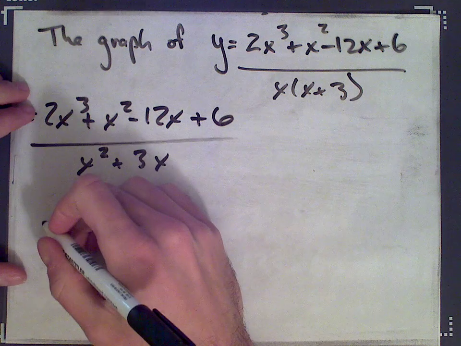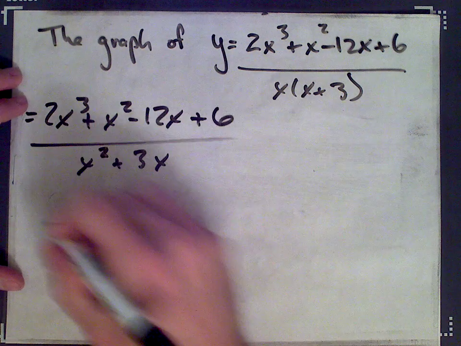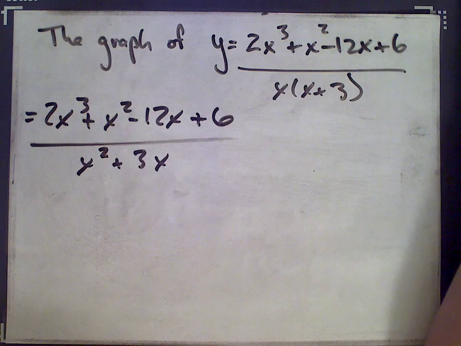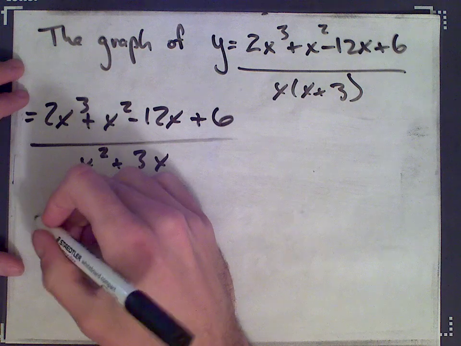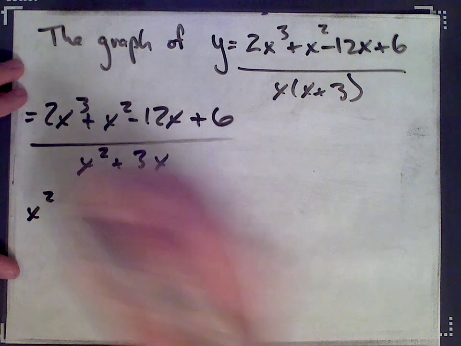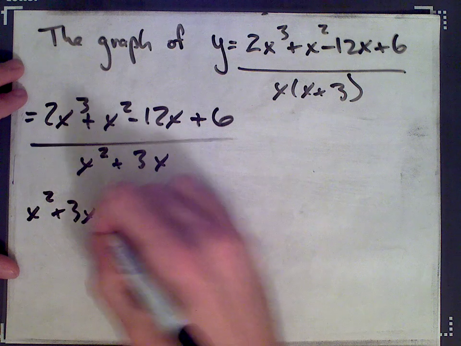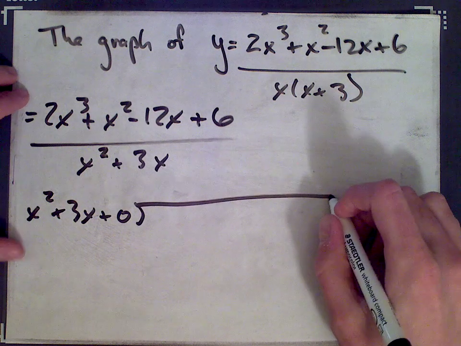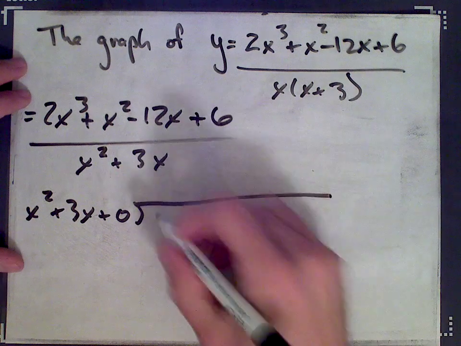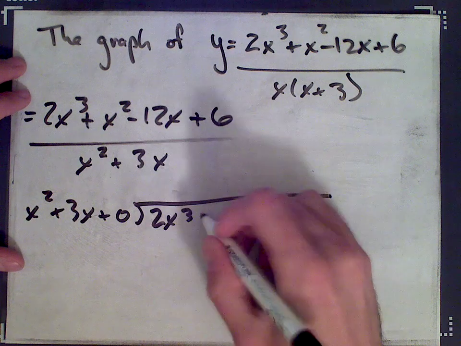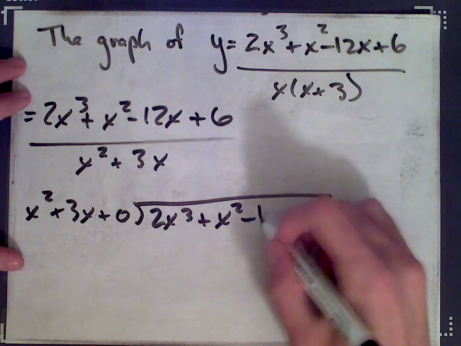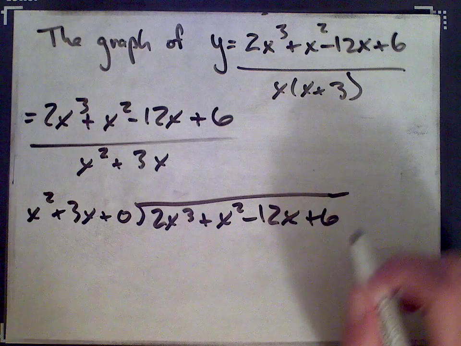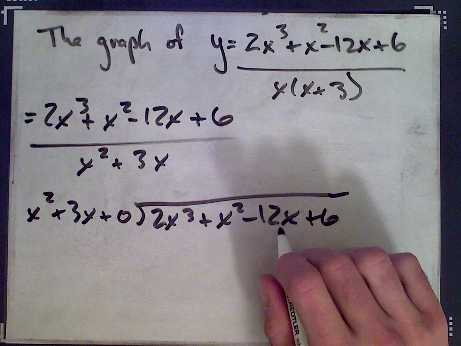Let's see, we have x squared plus 3x plus 0, I'll put the 0 in here just to keep track of the constant term. And we get 2x cubed plus x squared minus 12x plus 6. So let's just start with the polynomial division.